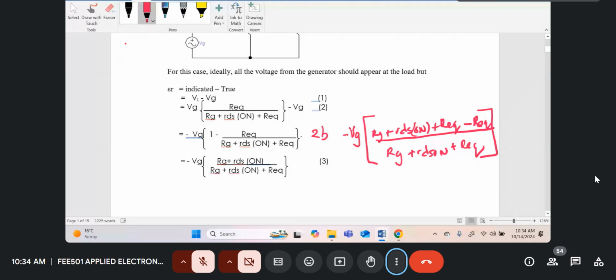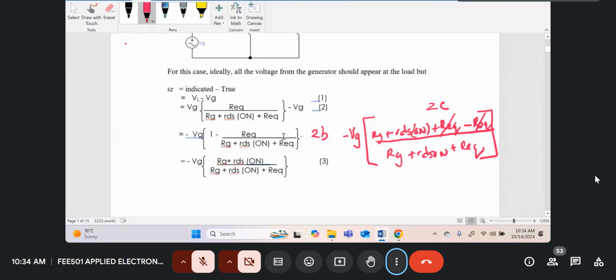So this could have been equation 2c. Okay, so this R equivalent will cancel this R equivalent, and then you get equation 3 over there.